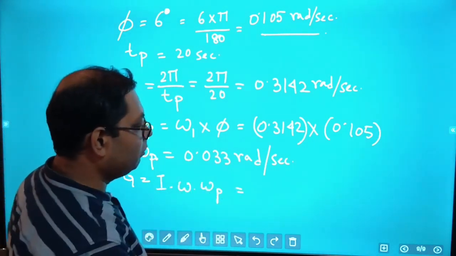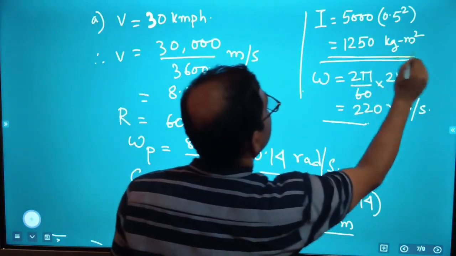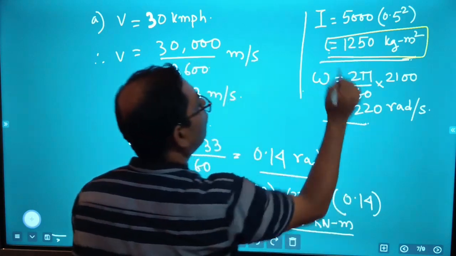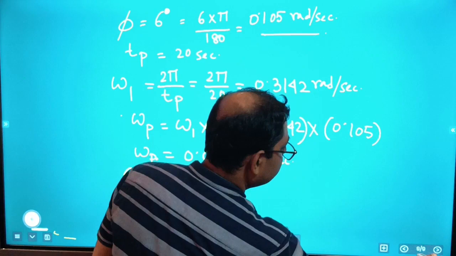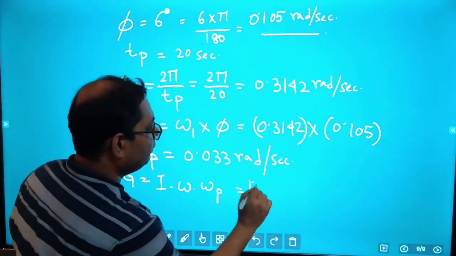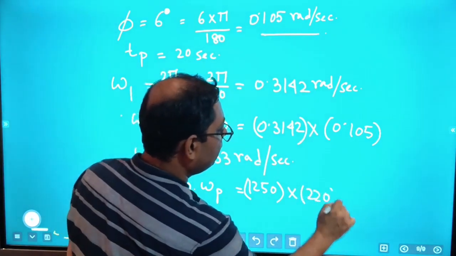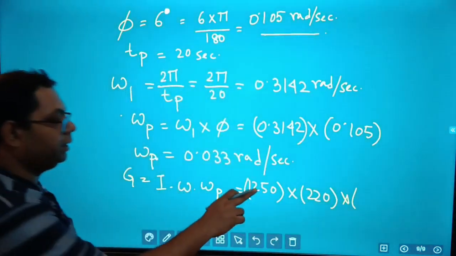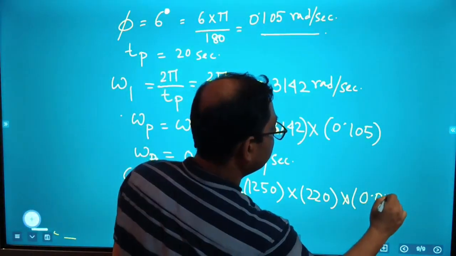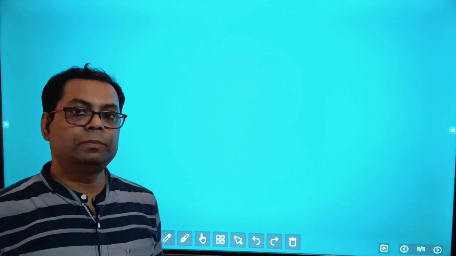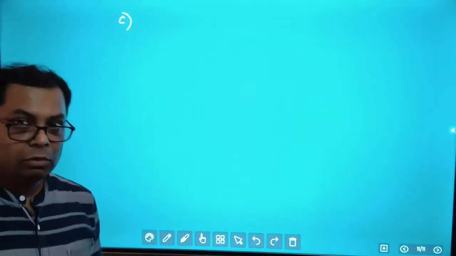So already we know the value of I, that is 1250, omega, that is 220 radian per second, and omega p is equal to 0.033. Now we move towards the third part, that is when it is rolling.